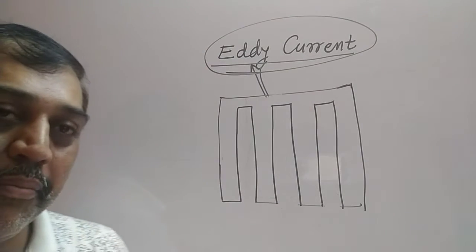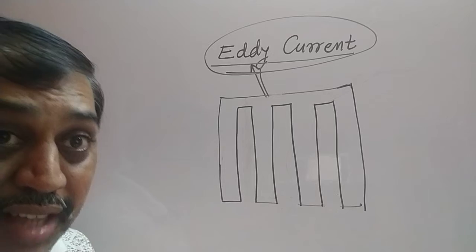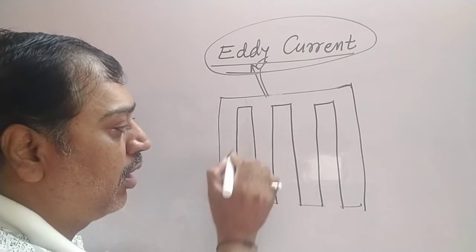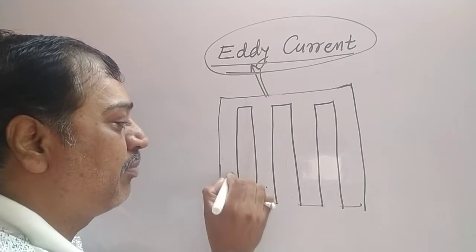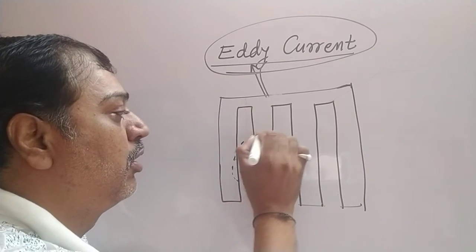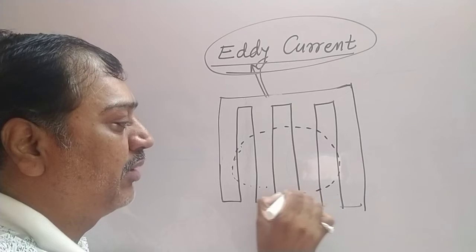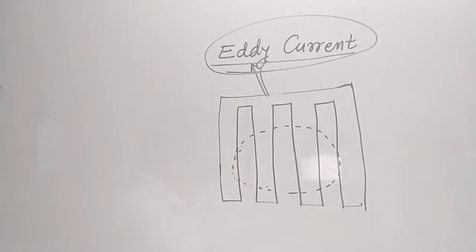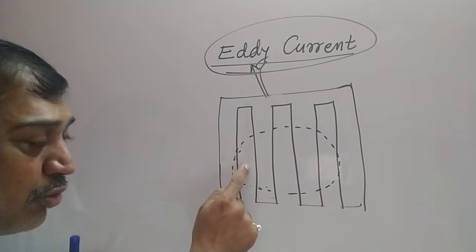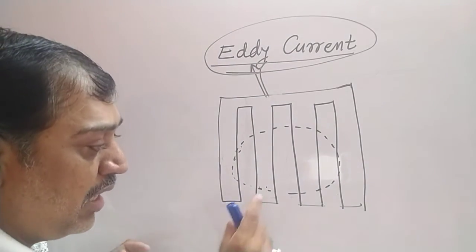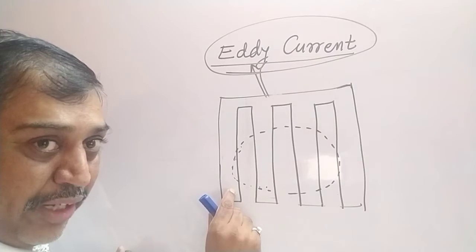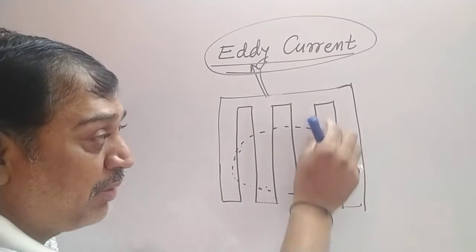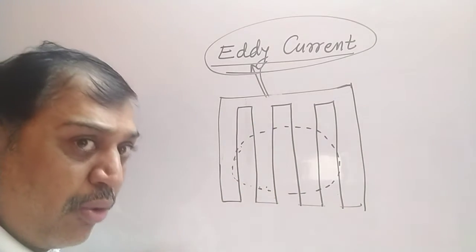Now what will occur? Current gets produced, but that current is not a circular current. Suppose an electron is here; it has to make a circular current like this, but it can't, because this portion is removed. The electron can't jump from this part to this part, because we have removed this much material and made a groove in the plate.